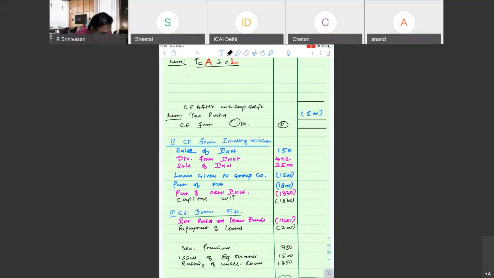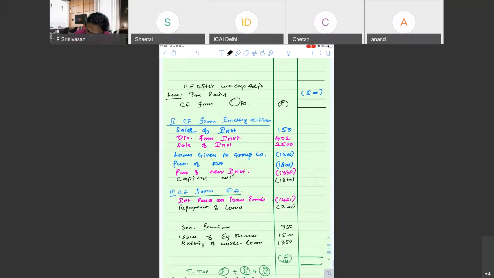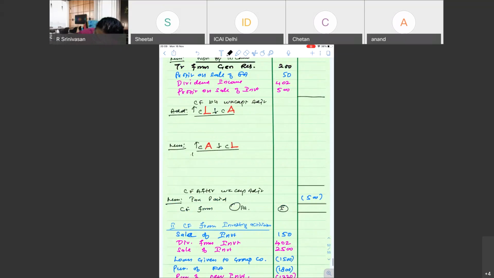Okay. Current assets, loans and advances. Inventories are decreasing, so decrease in inventories: 2,240, 2,150 is 90. Okay. Then debtors are decreasing.